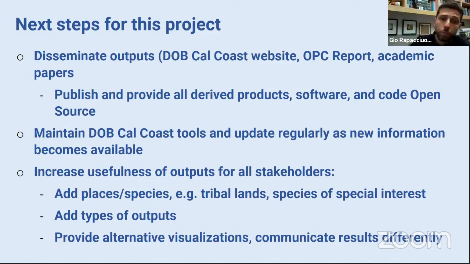We talked about, for example, adding different types of places in the Places app. For example, tribal lands is a real priority. It would be fantastic to include those, and we look forward to continuing those discussions. And other species of special interest that might not be included at the time. So please email me if you have any thoughts of something that would be particularly beneficial to you.